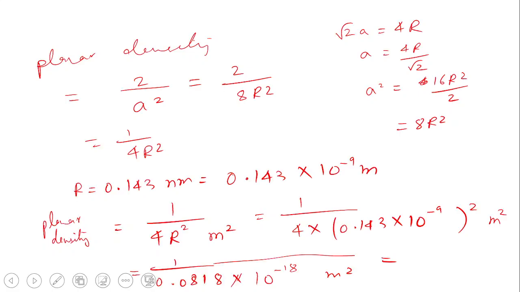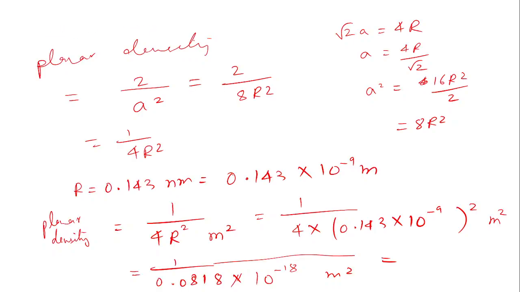So when I do this division, I'll get 1 divided by 0.0818. That will be 12.225, and when this term comes in the numerator, it will be 10 to the power 18. This will be 10 to the power 18 meter square inverse.